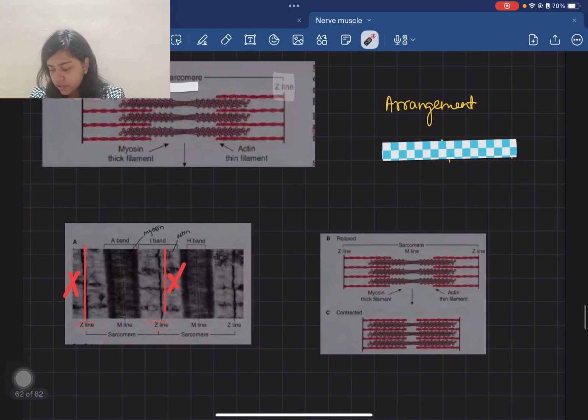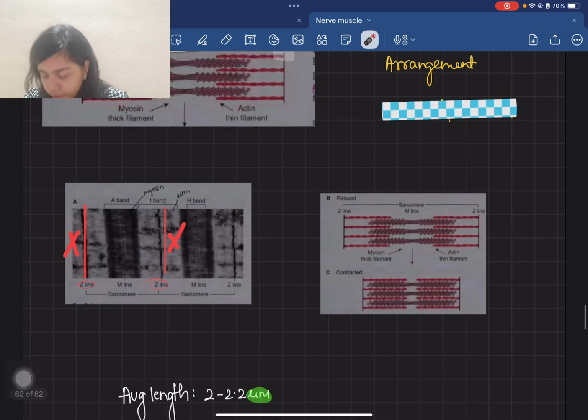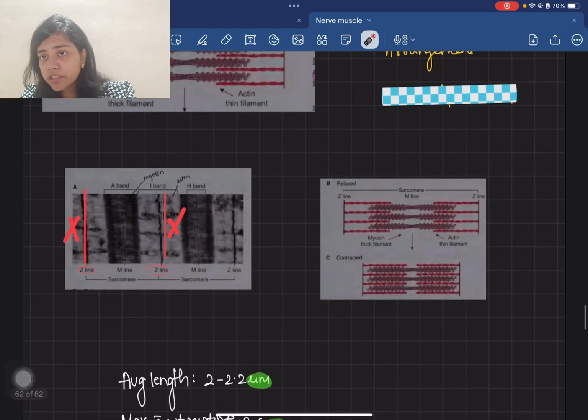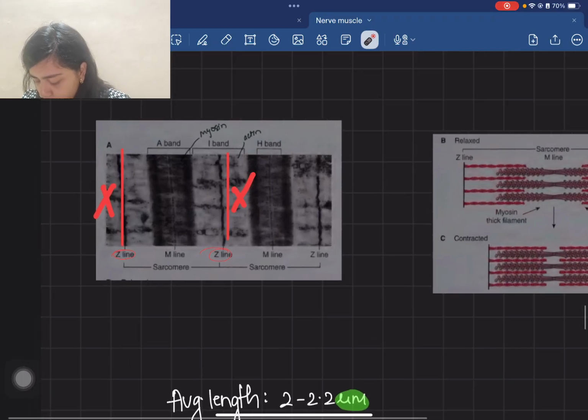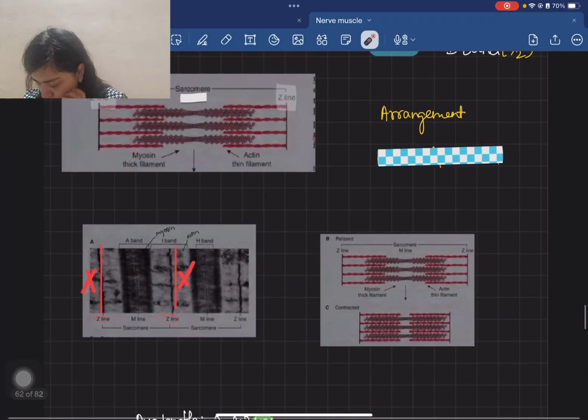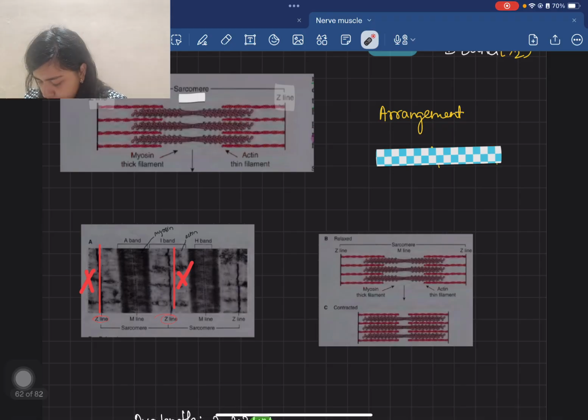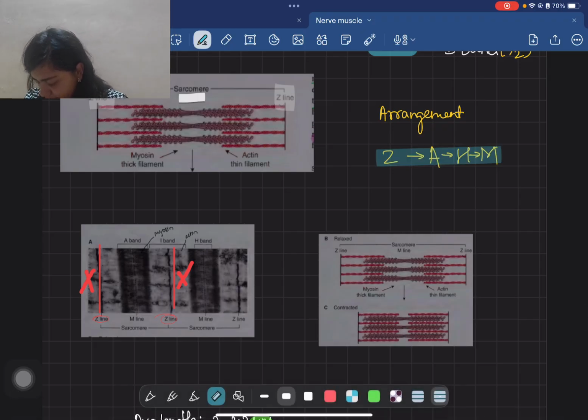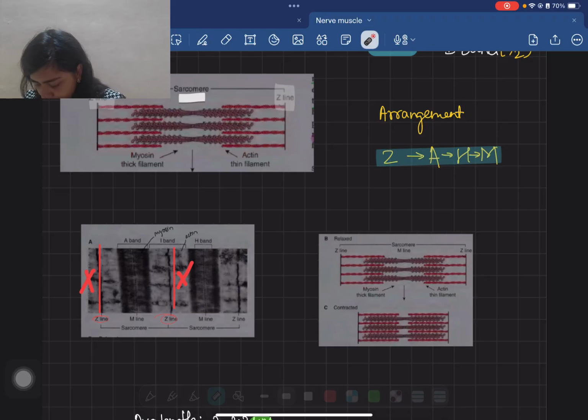Now such questions have been asked: what is the arrangement from one boundary of the sarcomere to the other? So what you can remember is ZAHM.